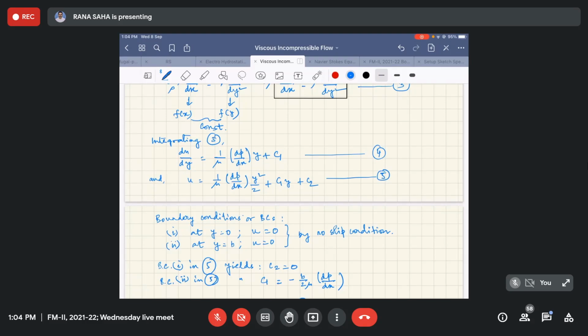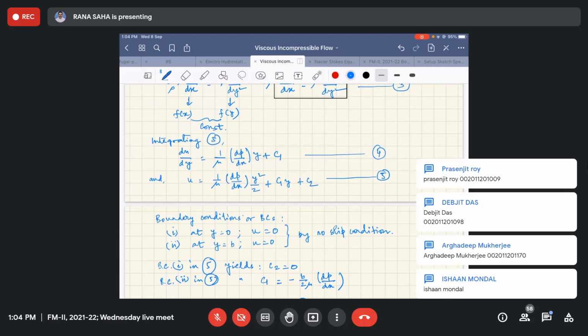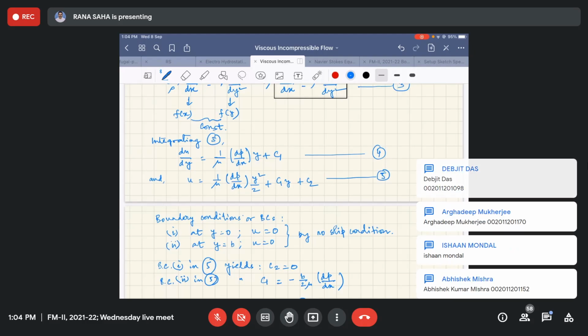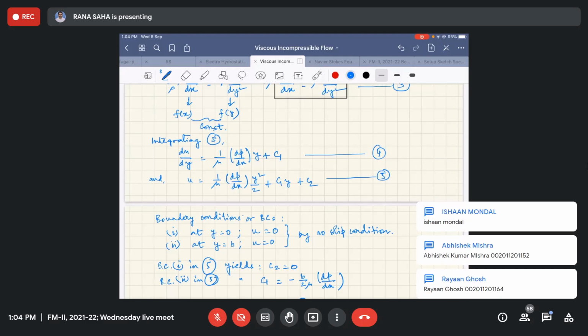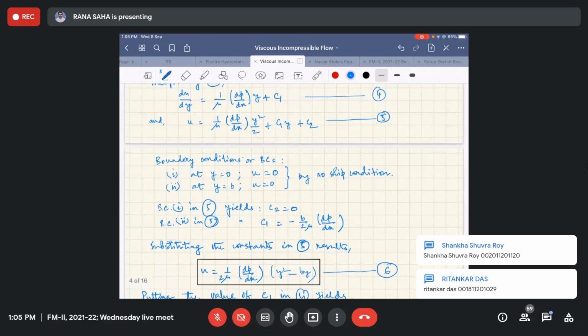So when we go for the evaluation of the two constants, C1 and C2, which arise due to the integration, we had a double, indefinite integration, and due to that there are two constants, C1 and C2. We need to evaluate these two constants, and the boundary conditions are essential here to find the constants.